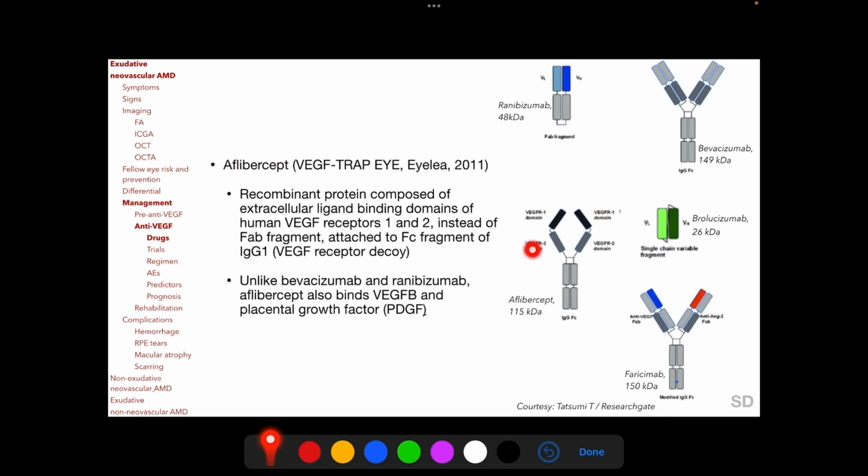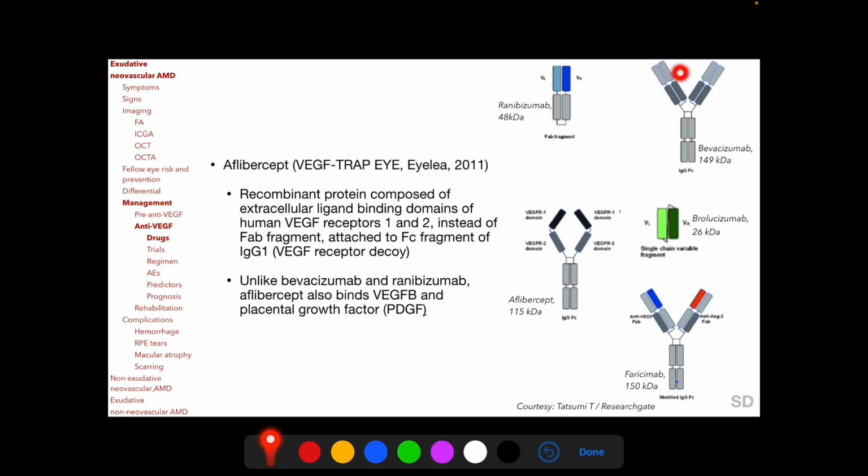Aflibercept, as represented by this diagram, is a recombinant protein composed of extracellular ligand binding domains of human VEGF receptor 1 and human VEGF receptor 2 attached to an Fc fragment of IgG1, and is so-called VEGF receptor decoy or VEGF trap. If we compare the structure of aflibercept with that of bevacizumab, the Fc fragments are similar, but aflibercept does not contain the Fab fragments of a complete immunoglobulin molecule.